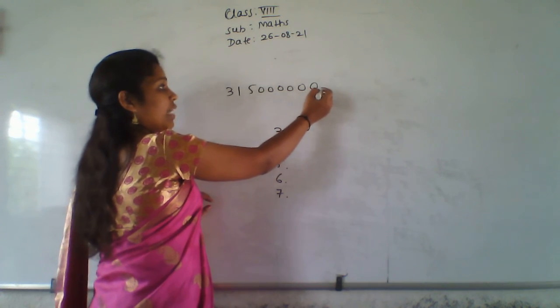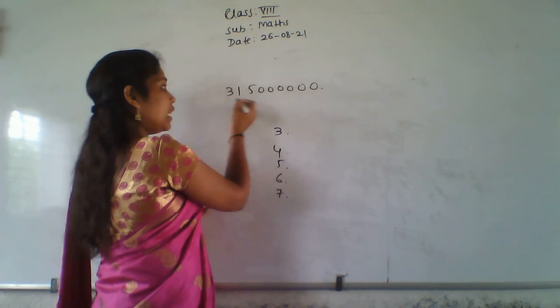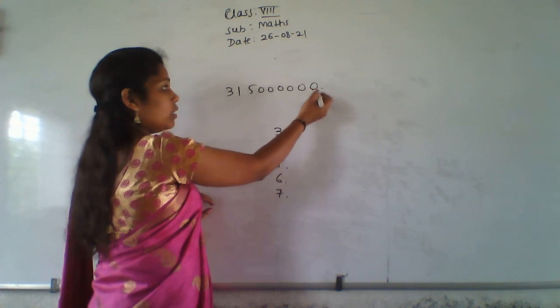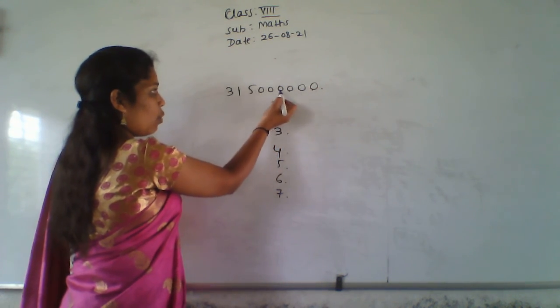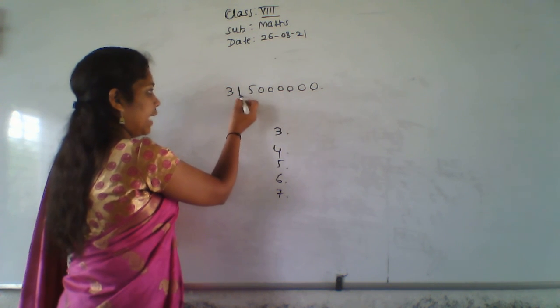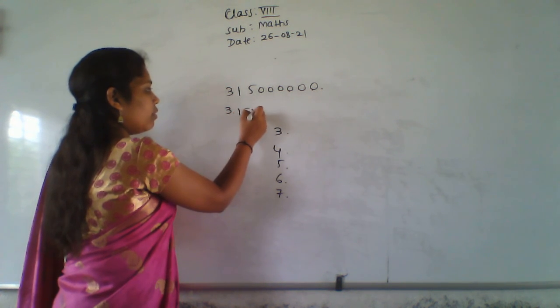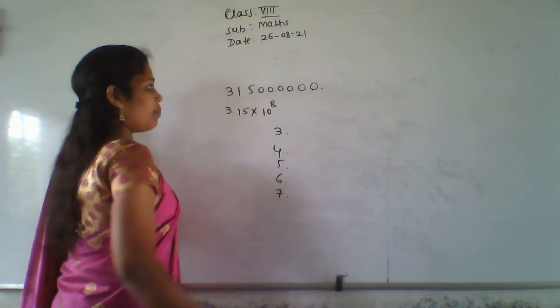Now we are shifting this point to the left side. Count how many numbers there are: 1 2 3 4 5 6 7 8. So 3.15 into 10 to the power 8.